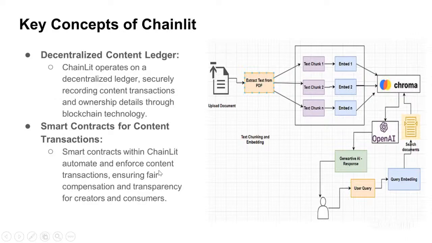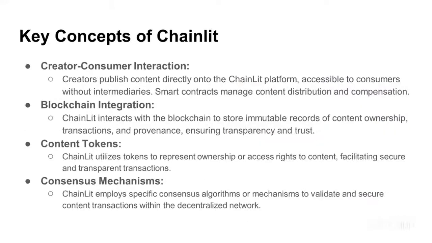Okay, so there are smart contracts for content transactions. Smart contracts within Chainlit will automate and enforce the content transactions, which will ensure fair compensation as well as transparency for both creators as well as consumers. These are the key concepts of Chainlit.